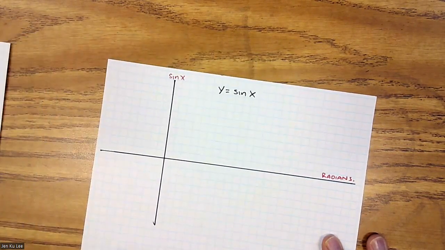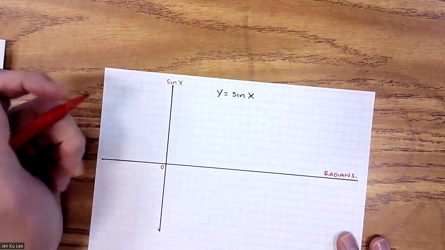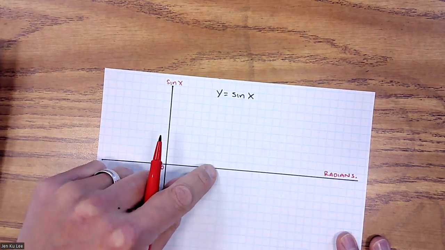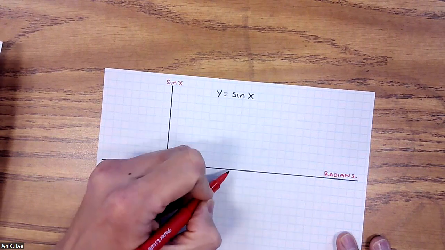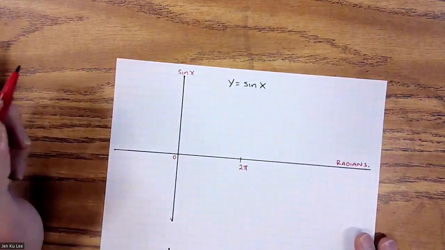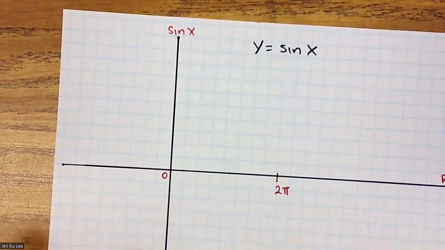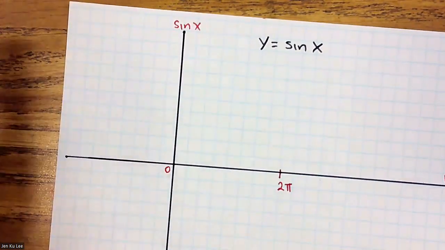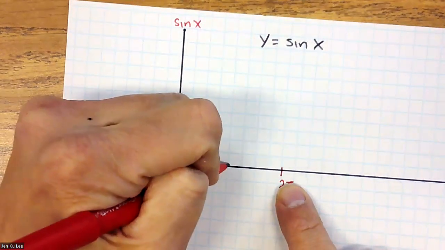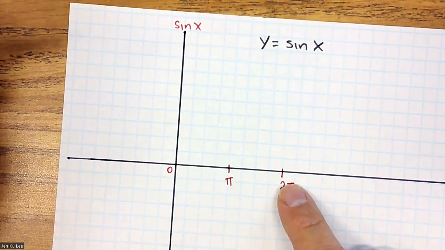So I'm going to start off at 0. This is my 0. And then I'm going to pick 2, 4, 8 units. That's going to be my 2 pi. The reason I picked 8 units is because I know there are going to be 4 segments. So halfway between 0 and 2 pi is 4 units away, which I'm going to label as pi.